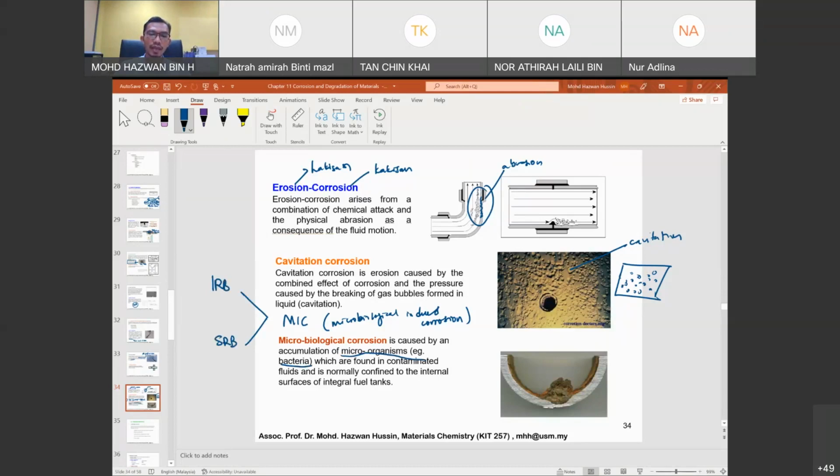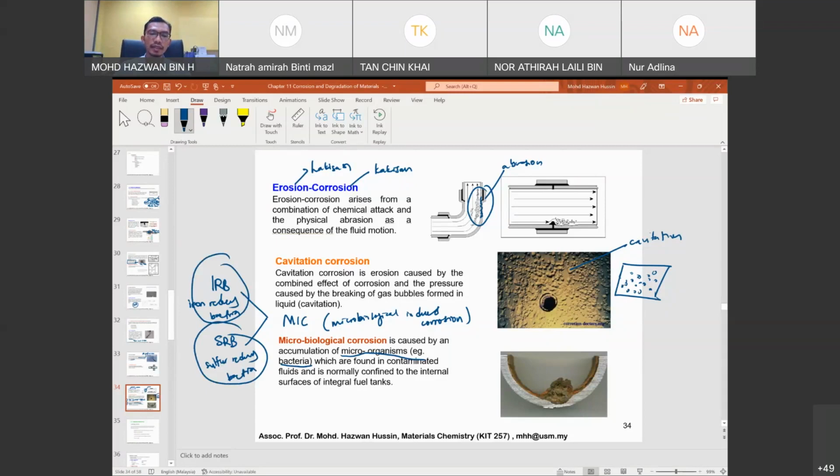For MIC, you will have IRB or SRB. What does IRB mean? IRB means iron reducing bacteria. SRB is sulfur reducing bacteria. They are different species, like Salmonella or whatsoever.